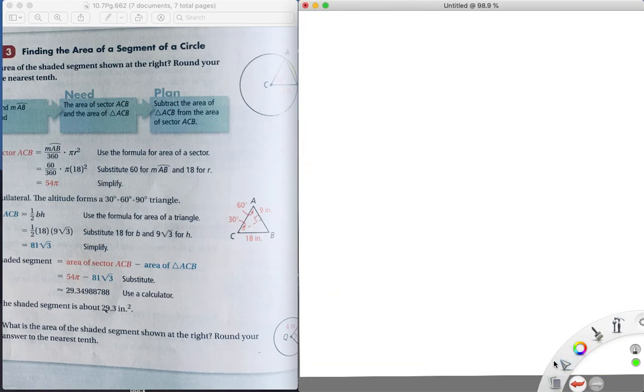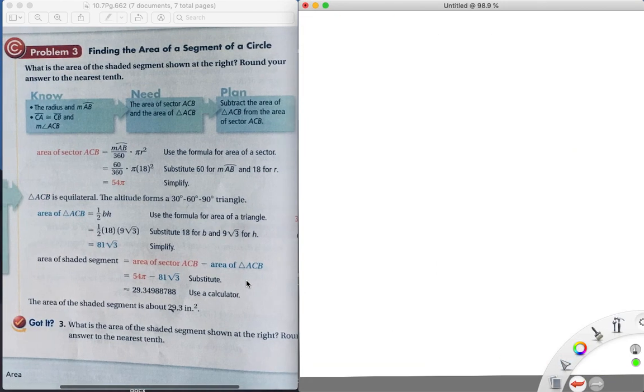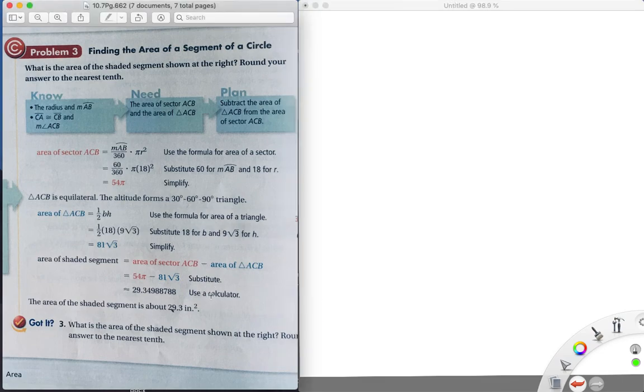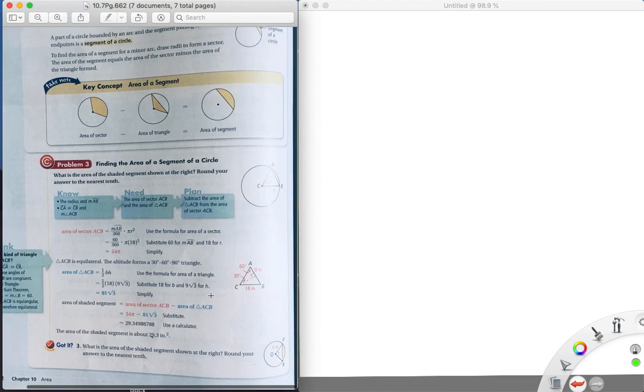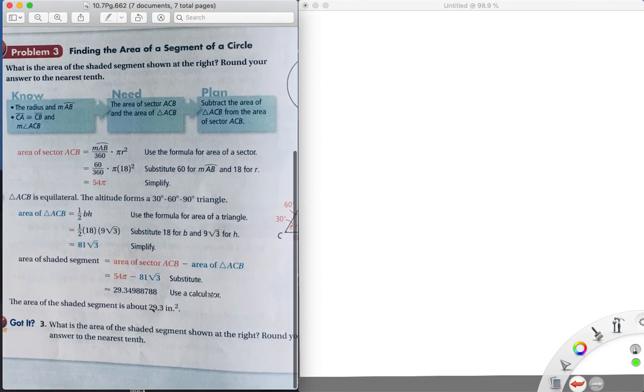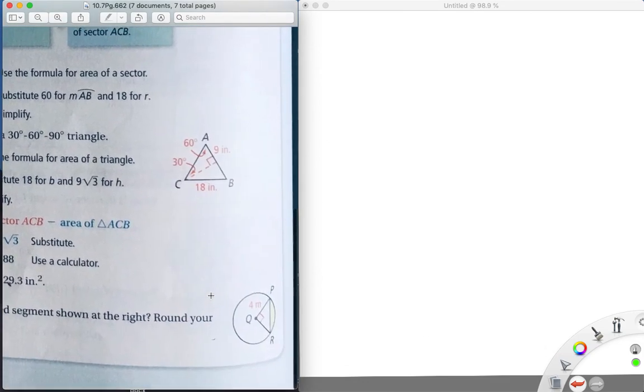Okay, so for the next one they gave us, the area of the shaded segment is given on the right, and they want us to find the segment to the nearest tenth. So here we have this triangle.